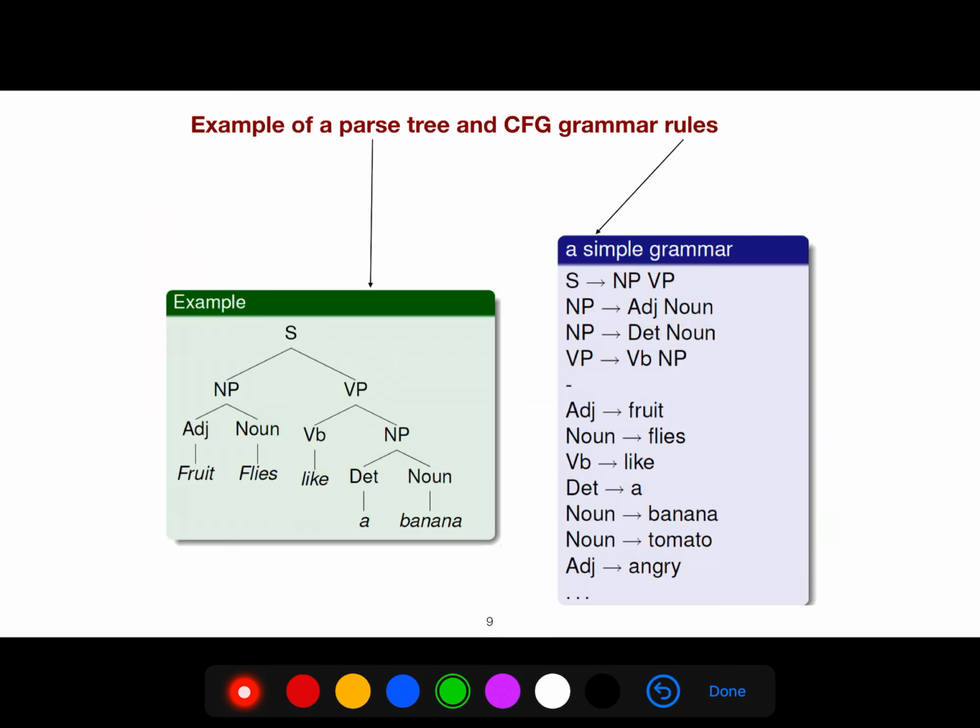So, an example of a parse tree and a CFG grammar rule. For example, this start could be NP VP, but this NP could go either to adjective noun or determiner noun. So this makes ambiguities. We don't know which one to use. That's why we learn it.